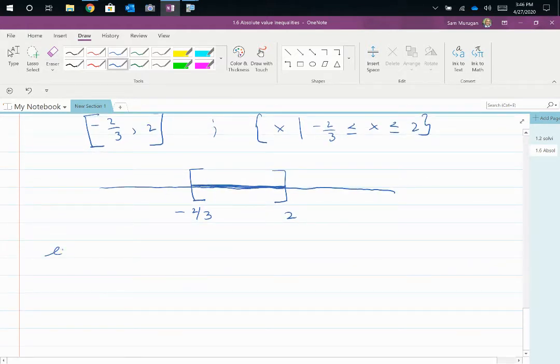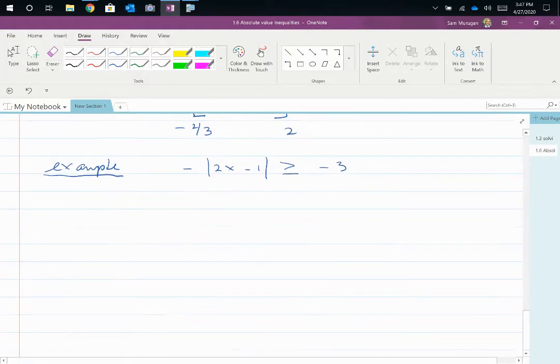Example, -2x minus 1 greater than or equal to -3, with absolute value.